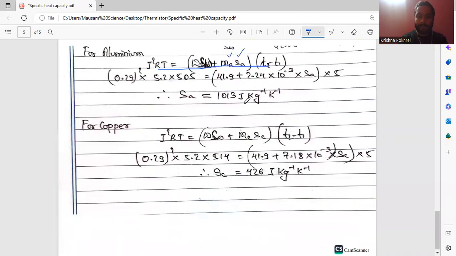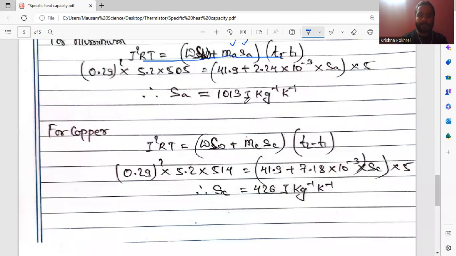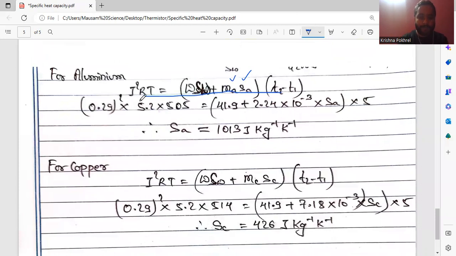Now for aluminium, we use the same formula, I squared R t, with T2 minus T1 being 5. We'll remove the silver from there, keep aluminium, note the initial temperature, final temperature, and then the time period. Again, the same thing will be repeated in that calorimeter.